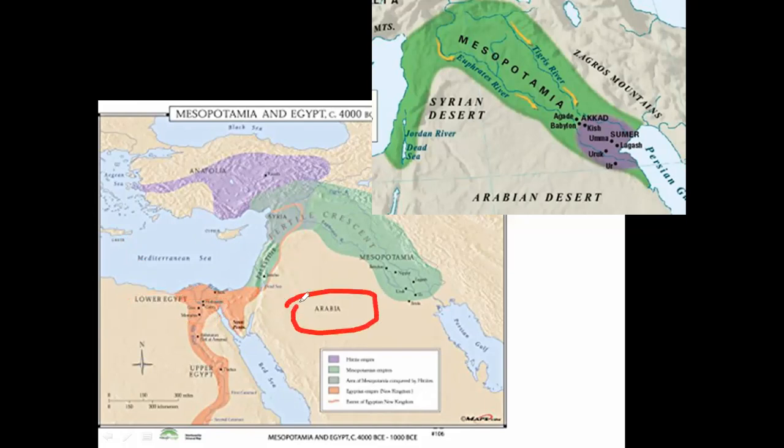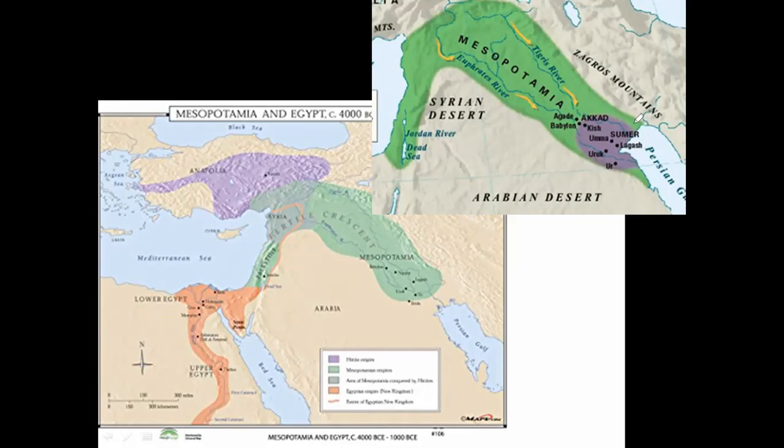This is the Arabian Peninsula. And further to the east here, look at the detailed map. So here we have 2 rivers. One is the Euphrates River, the other is the Tigris River. In between those 2 rivers, the area is called Mesopotamia.